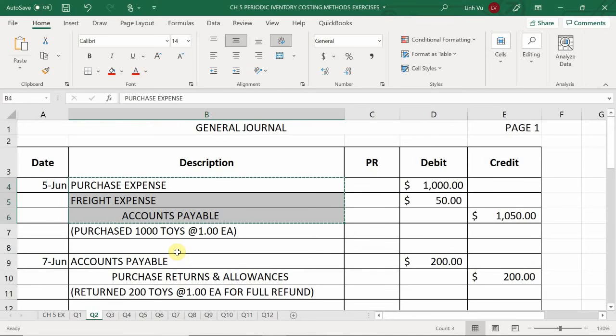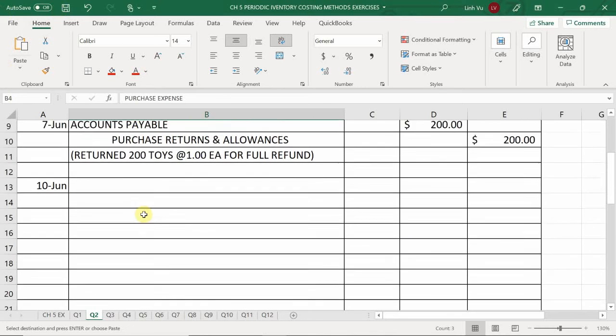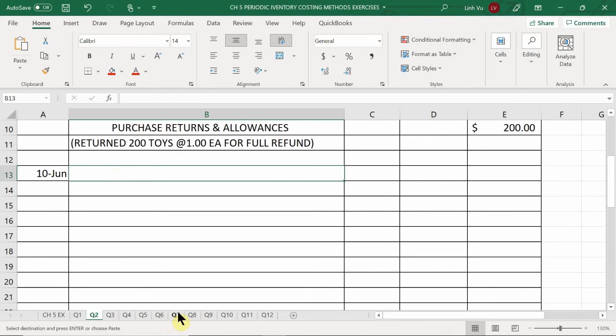So how do I journalize this? Purchase of the 850 toys. What accounts do I need to use? Purchase expense. Good. Purchase expense, freight expense, and we're assuming that we purchase everything on account, so accounts payable.